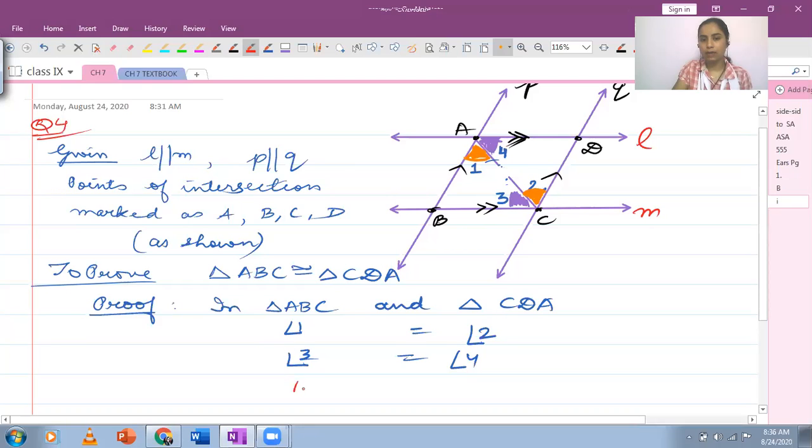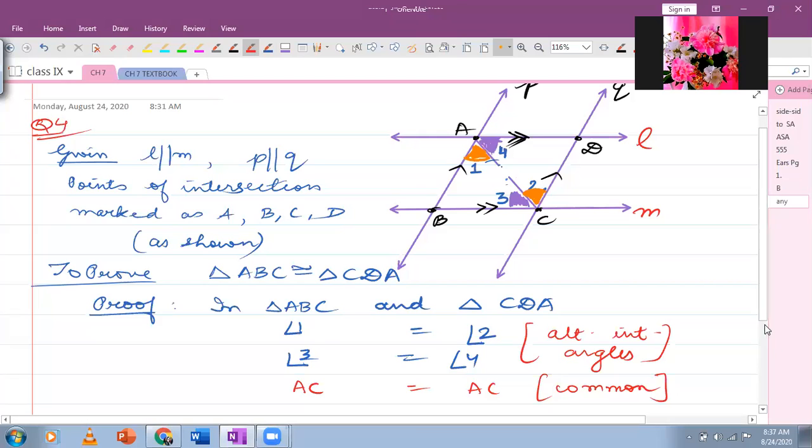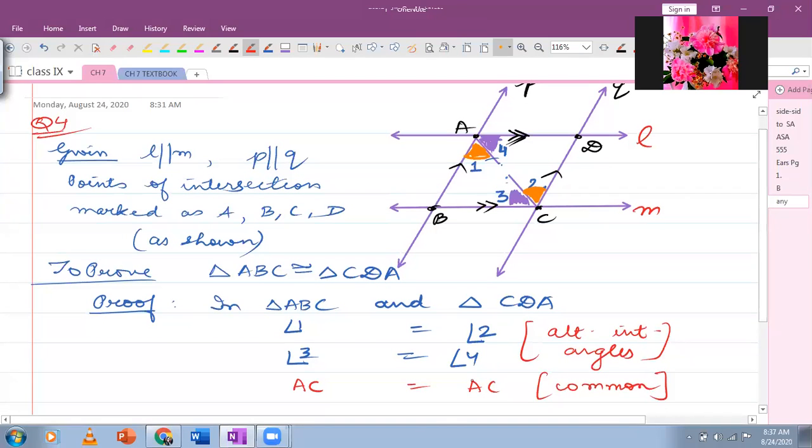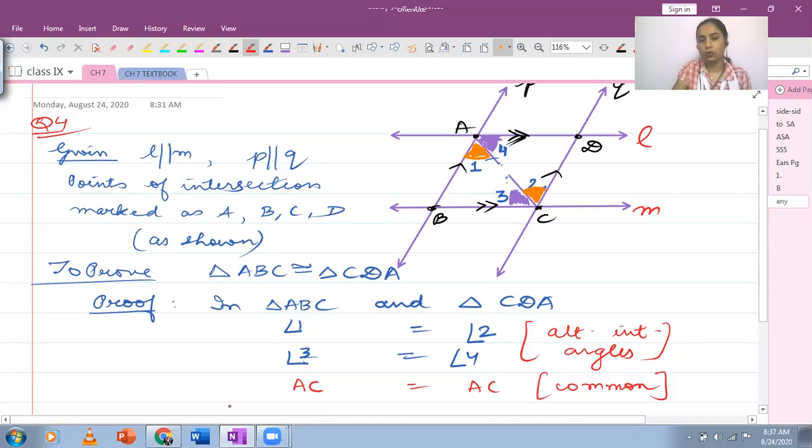In between the two, between 1 and 3, I have the side AC, which is also present in the second triangle. Common. And now you can say that the two triangles are congruent by angle side angle.